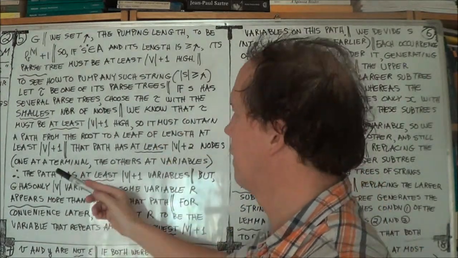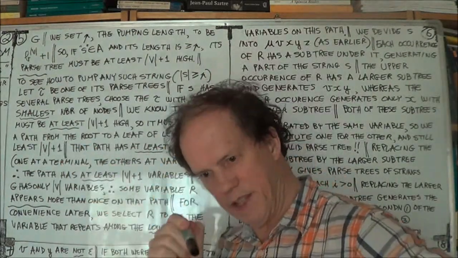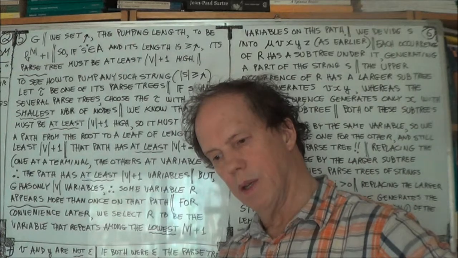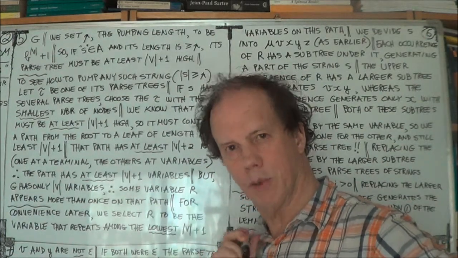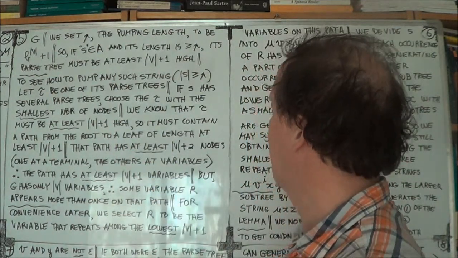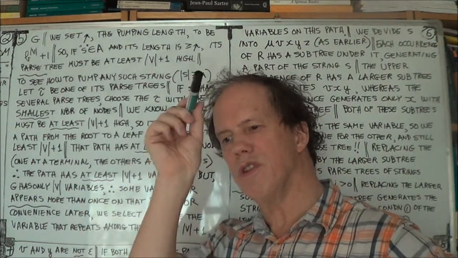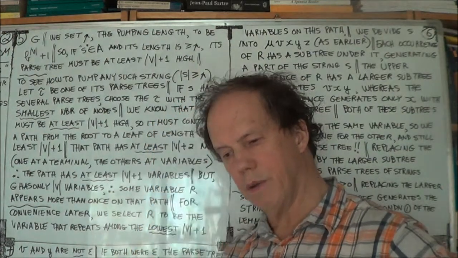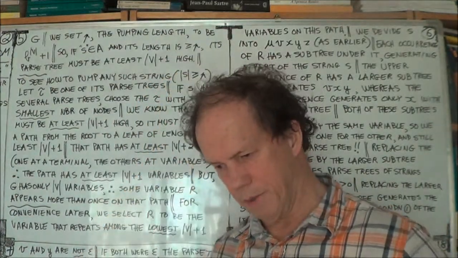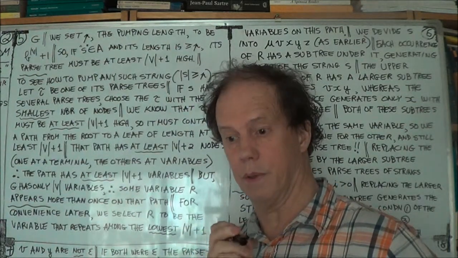The path length, the number of steps in your path, going from the root node, the start symbol, to the leaf node, which is the terminal symbol, must be at least this long.